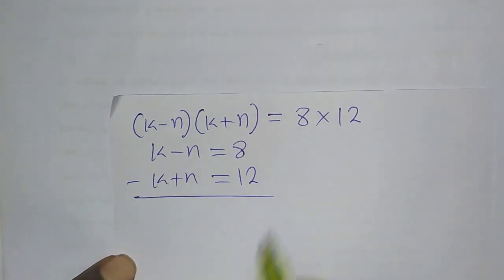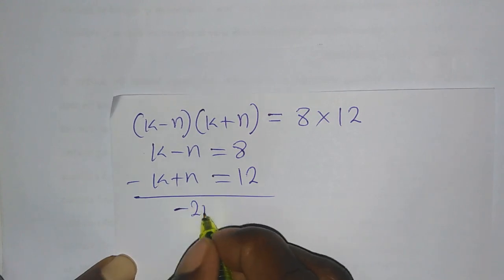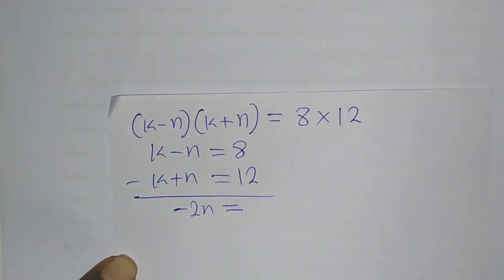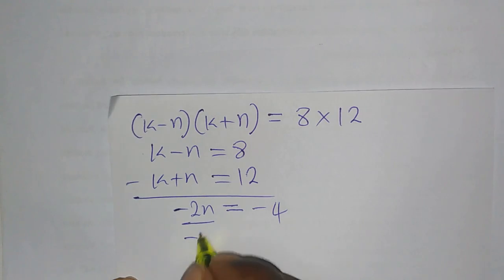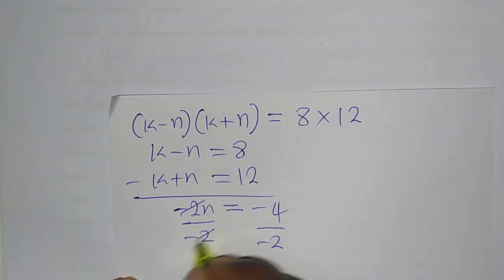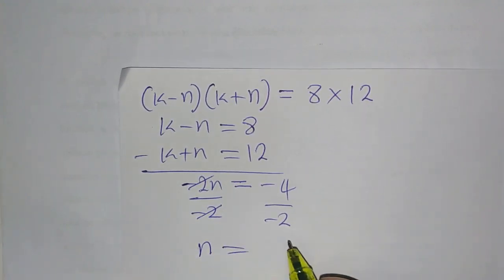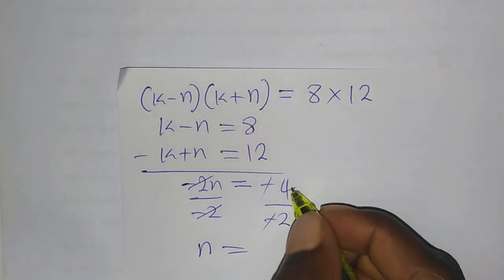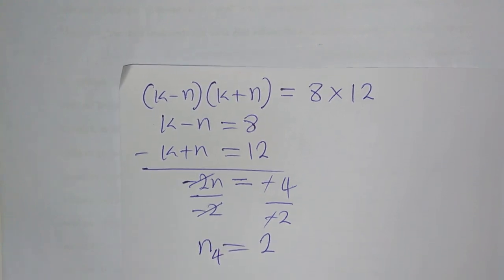Therefore, we subtract the two equations. We are going to have k minus k 0, minus 2n equal to 8 minus 12. We have minus 4. We divide by minus 2. Therefore, we have n equal to 4 divided by 2 equal to 2. And this is the fourth value of n.